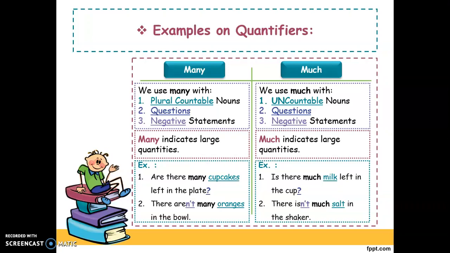It's obviously a statement because we don't see any question mark at the end of the sentence. And it is a negative one because, look guys, we see not attached to is, which is the verb in this sentence. So we use the quantifier much with a negative statement and an uncountable noun, which is salt. You can't count the particles of salt.